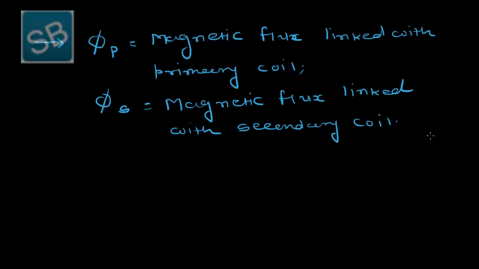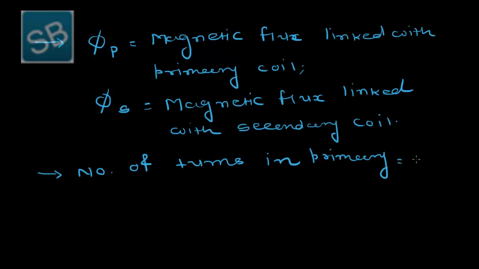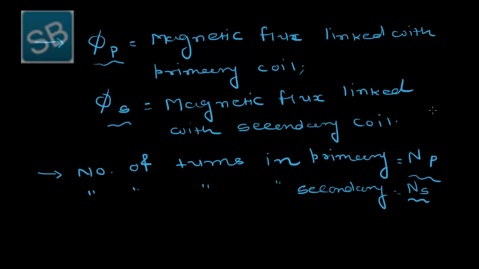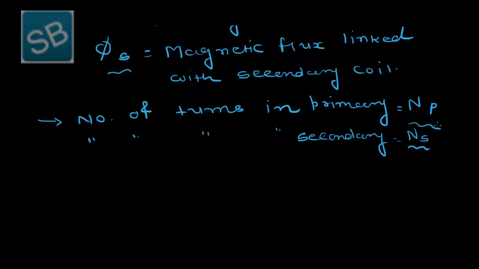And also I am defining some quantities: the number of turns in the primary coil, that I am denoting as Np, and the number of turns in the secondary coil, that is Ns. So here we have studied the defining of four important terms.